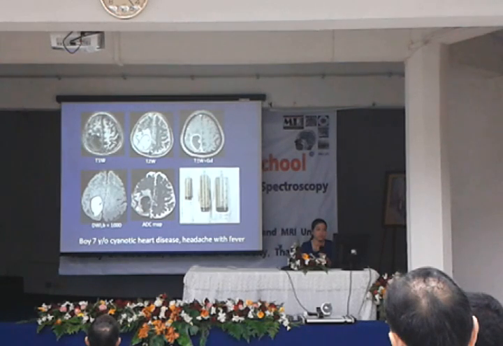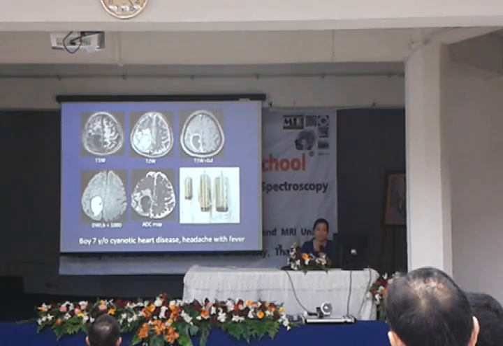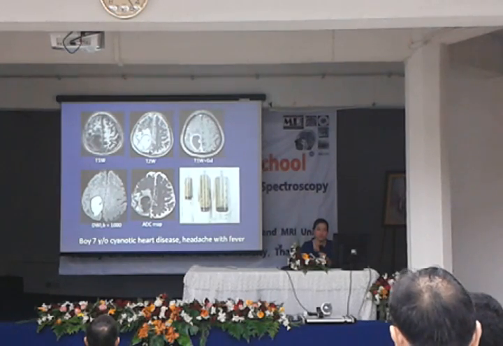We saw a lesion in the brain with a wall, and on DWI it has bright restricted diffusion. This is explained by the fluid inside being very sticky, like condensed milk, so the diffusion is very slow, and we can make the diagnosis that this is consistent with a brain abscess.